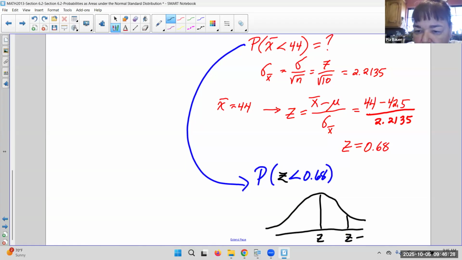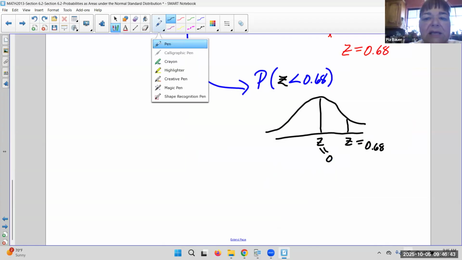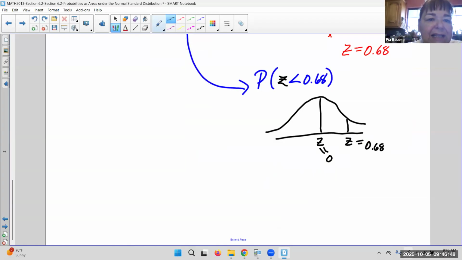A Z-score of 0.68 is to the right of the mean. I meant to put that this is equal to 0. So if you want the probability that Z is less than 0.68, then I want this whole area here. That's where the Z's are less than.